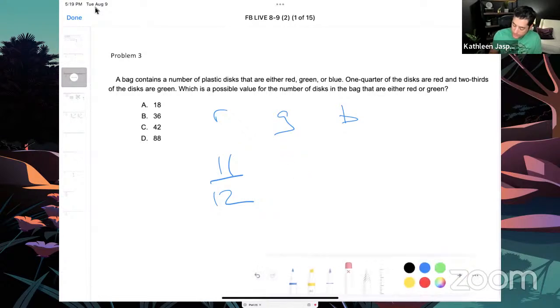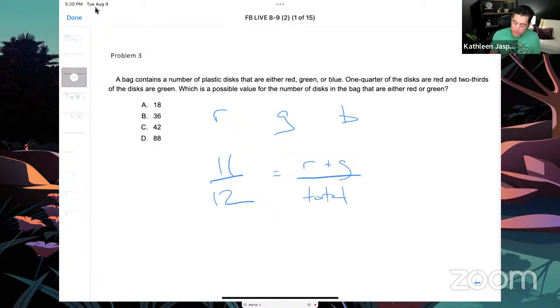In order for it to work out, I've got to have 11/12 as my ratio, and it's proportional. That's how we can get the number that we're looking for, where the top number is the red plus the green, and then the bottom number is the total amount of discs.